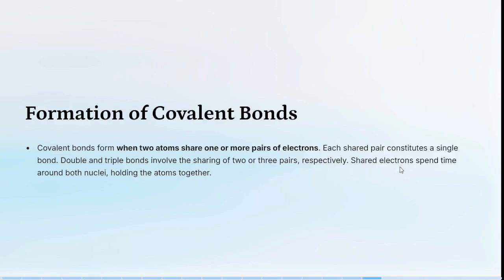This is a shared kind of bond. You cannot say the soup would be only for me because I'm bringing gari, or the gari will be only for me because I'm bringing soup. Both of them will have to use it equally. This is the kind of bond that happens in covalent bond. There is a sharing of electrons, meaning the electrons move across the nuclei of both atoms.